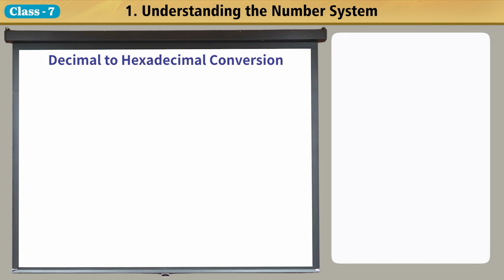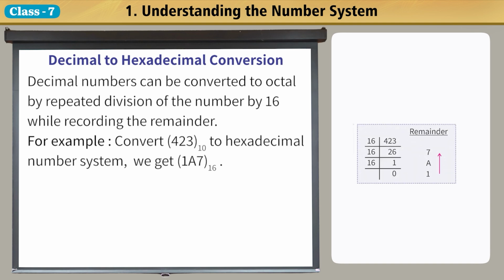Decimal to hexadecimal conversion. Decimal numbers can be converted to hexadecimal by repeated division of the number by 16 while recording the remainder. For example, convert 423 sub 10 to hexadecimal number system, we get 1A7 sub 16.